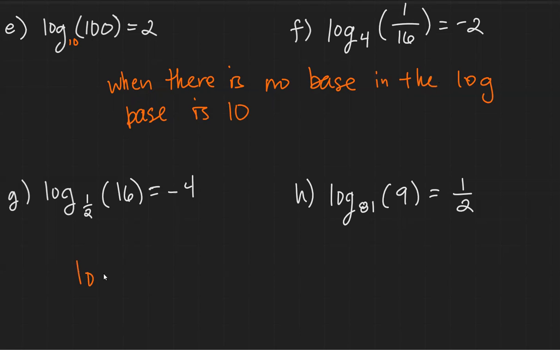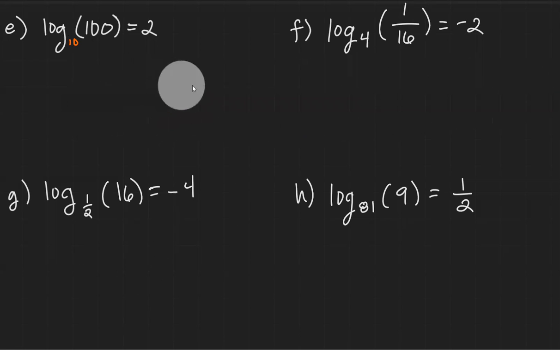So whenever you just see log of x is equal to something, then this base is 10. All right. They call this the common logarithm. Okay, so now that we know it's 10, I don't know why I erased the 10. Let's just leave it there.